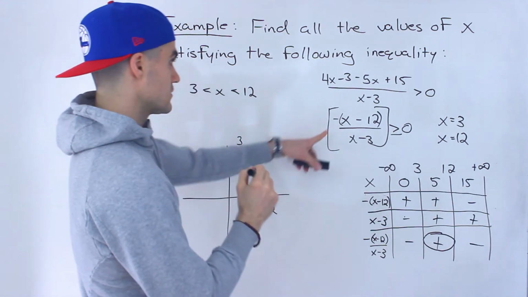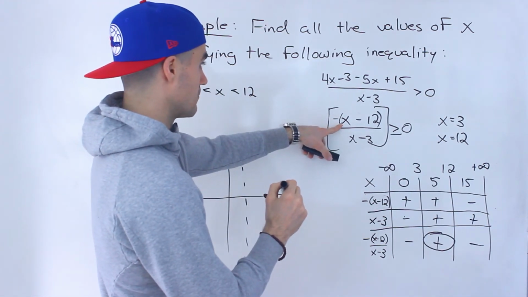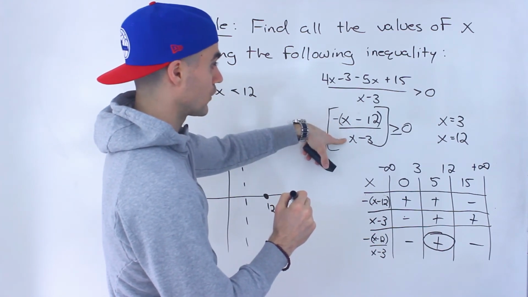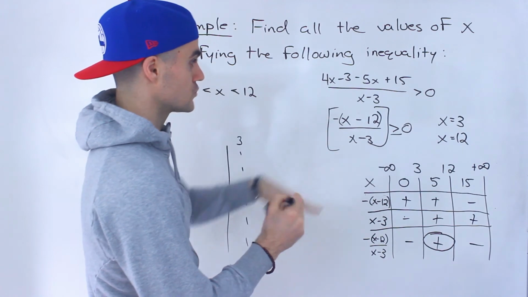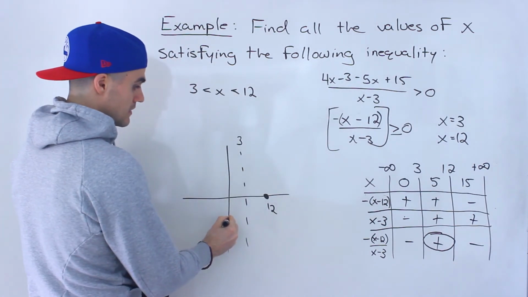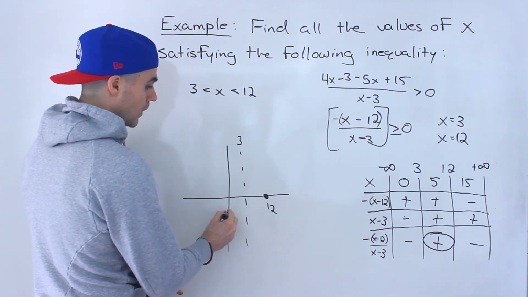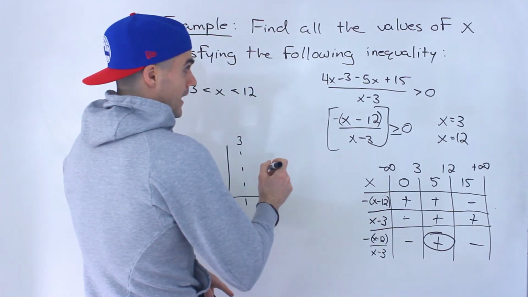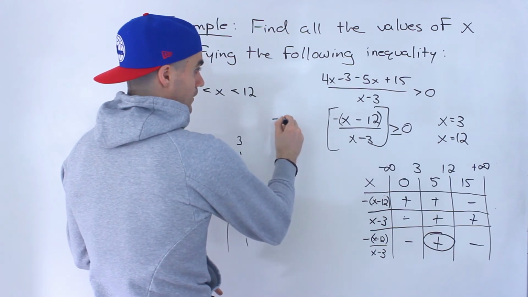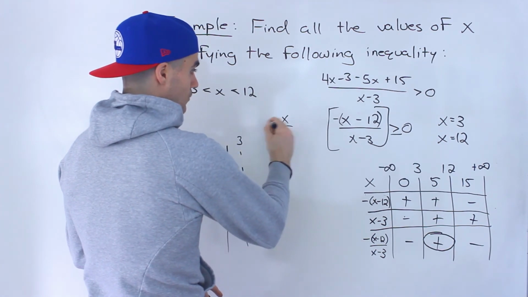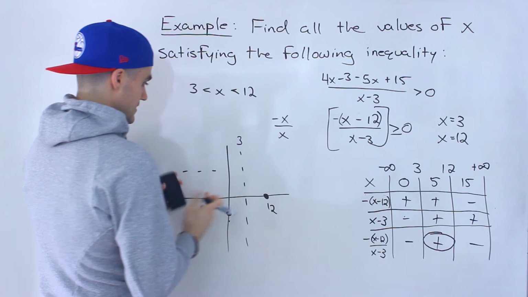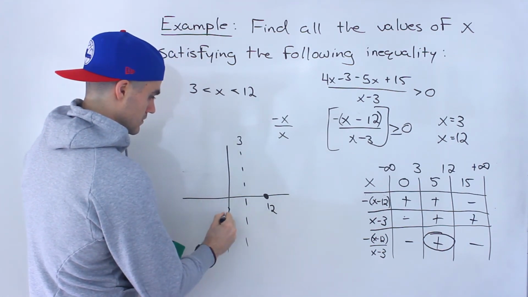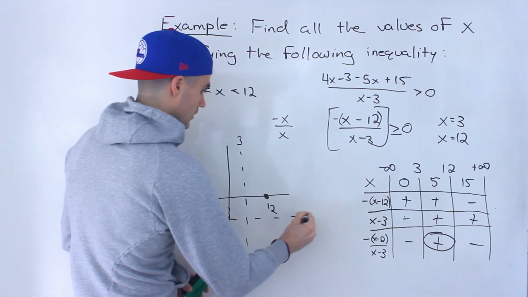And if we plug in 0 for x, we would have positive 12, right? 0 - 12 is negative 12 times negative 1 is positive 12 over negative 3, which would give us negative 4. That would be the y-intercept. And then we'll have negative x over x, so the horizontal asymptote would be at negative 1. So that would be over here.